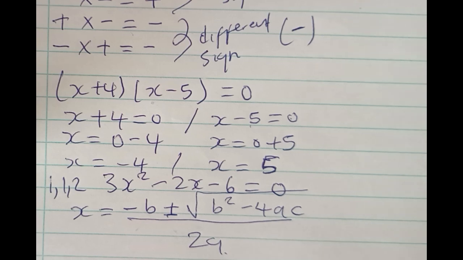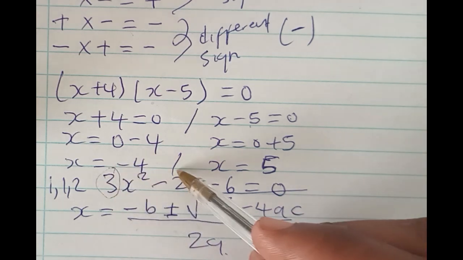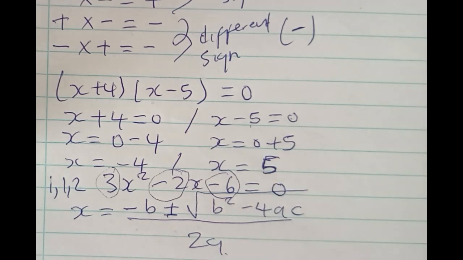So when you look at our trinomial here, this is our a, this is our b, and this is our c. You see, I don't exclude negatives. You should not exclude negatives.